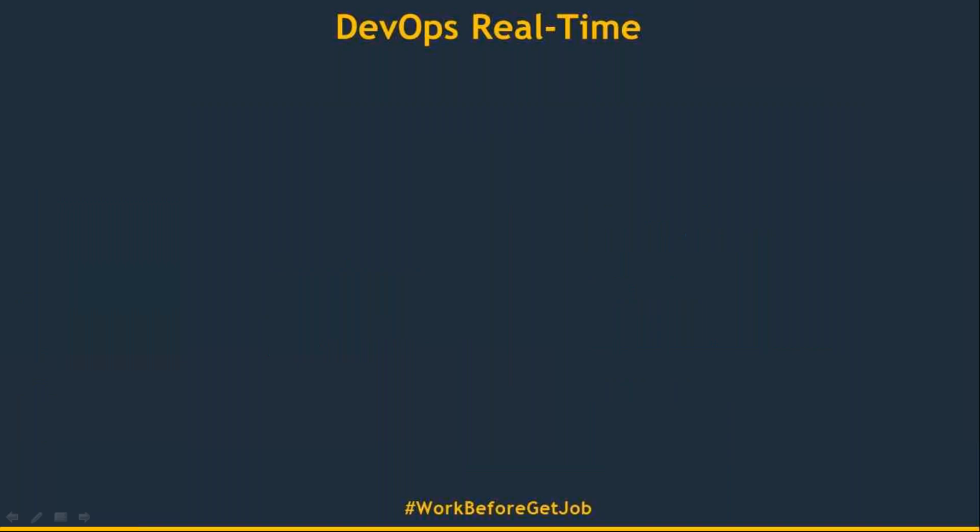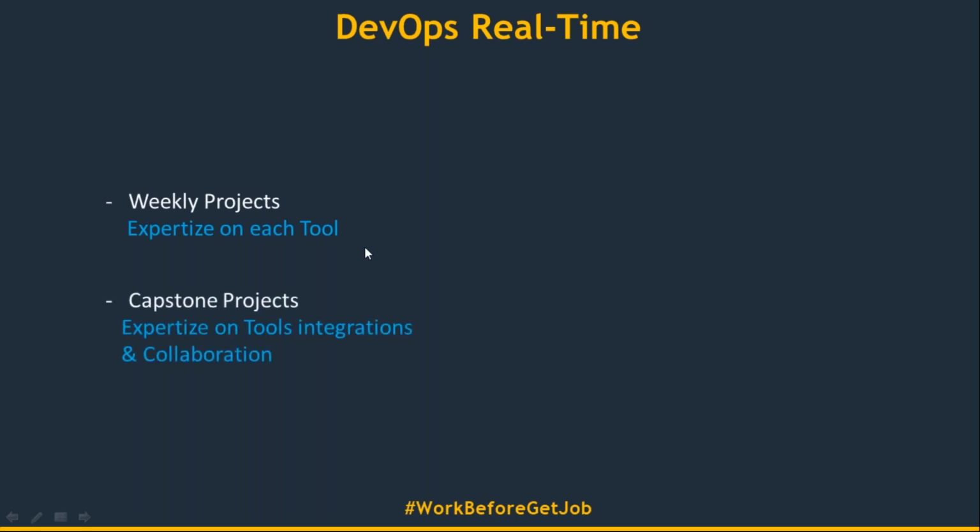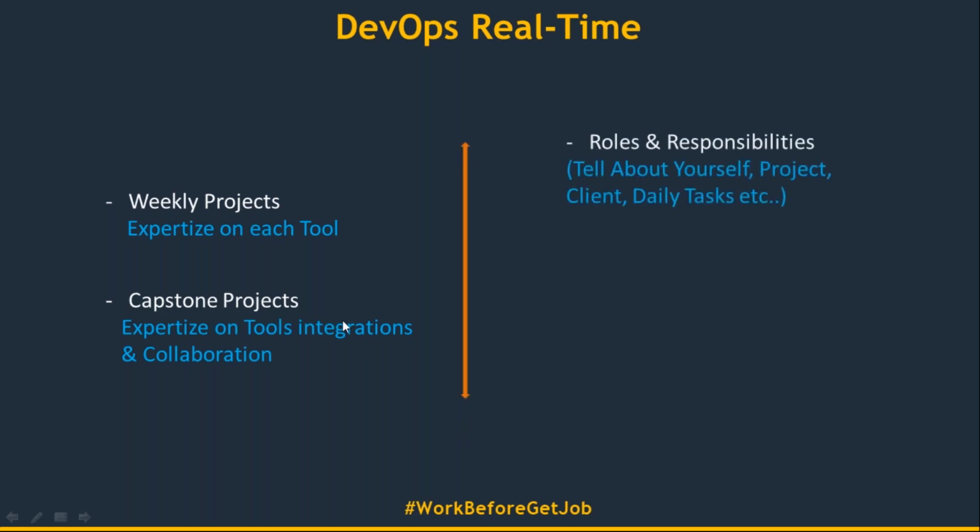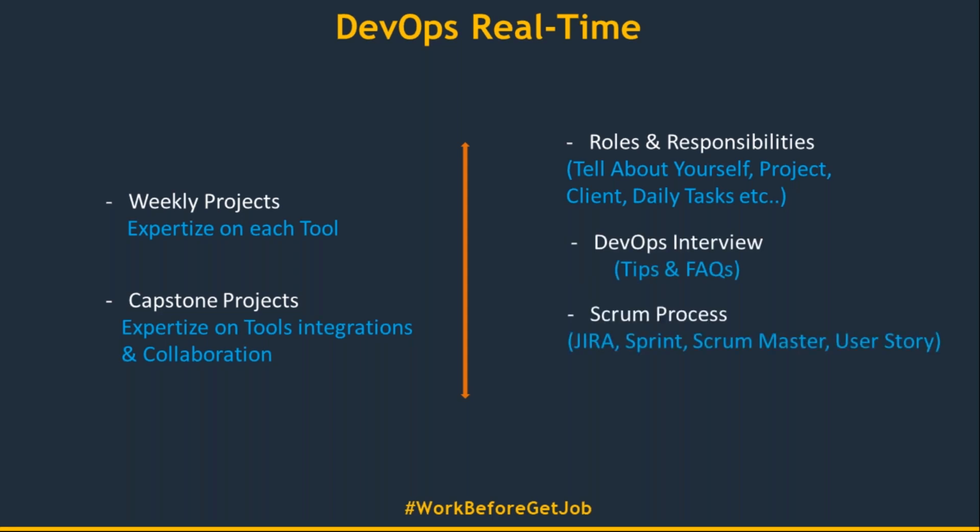Right? So just to keep it one more time, when we say DevOps real time, on one side we should understand the technology and have expertise in implementing the weekly projects and the main capstone projects, and on the other side we should understand the roles and responsibilities, the tell-about-yourself in interviews, how to perform in interviews, and understand the real-time process, which is called the Scrum and Jira process.